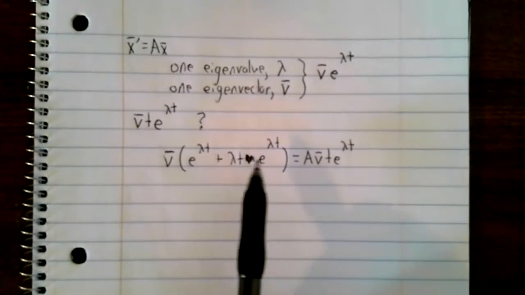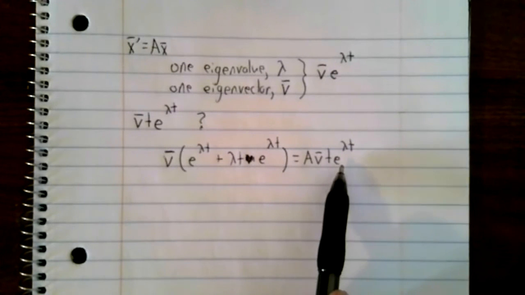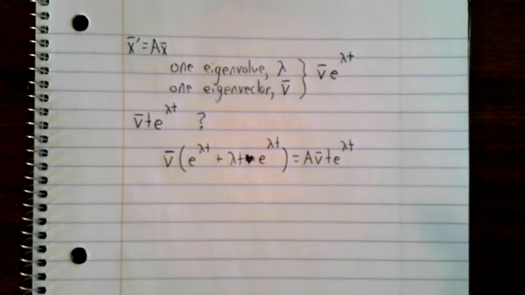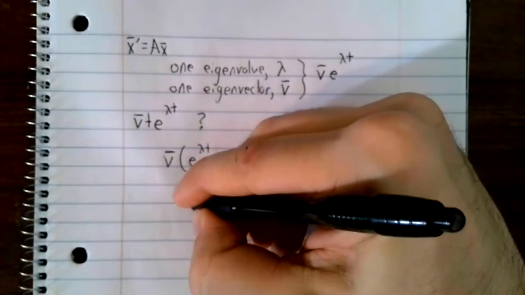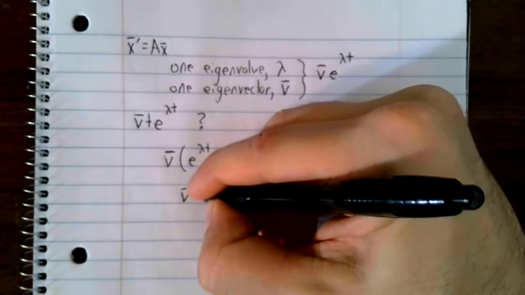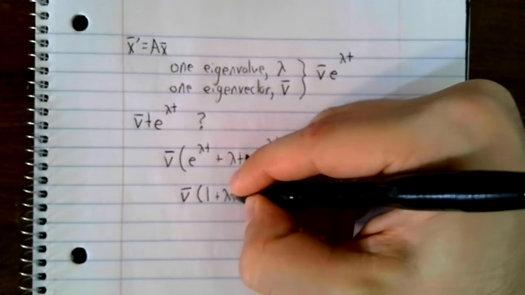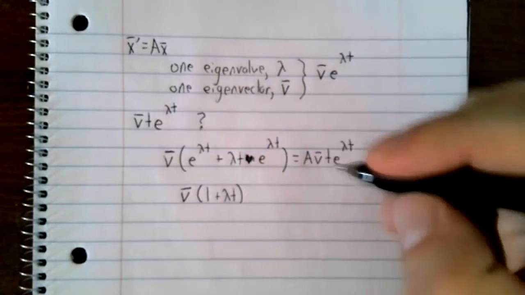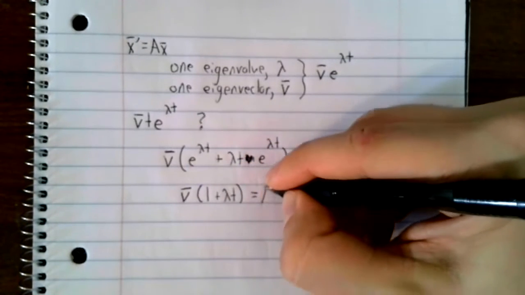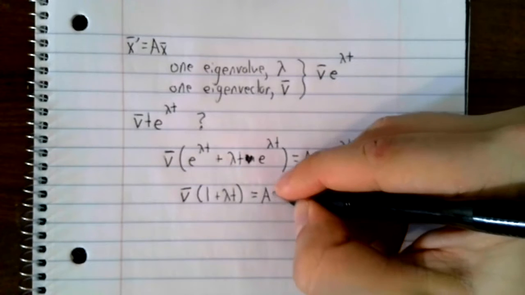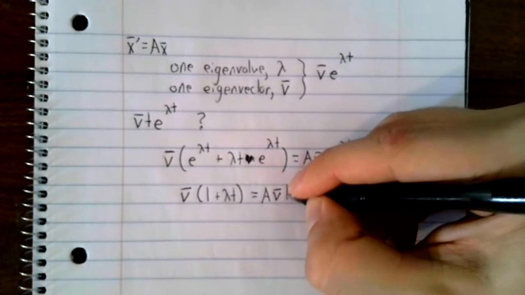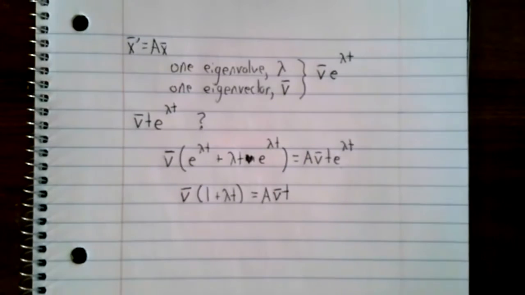Because these are non-zero, we can divide both sides by e to the lambda t. v times (1 plus lambda t) equals A times v times t.